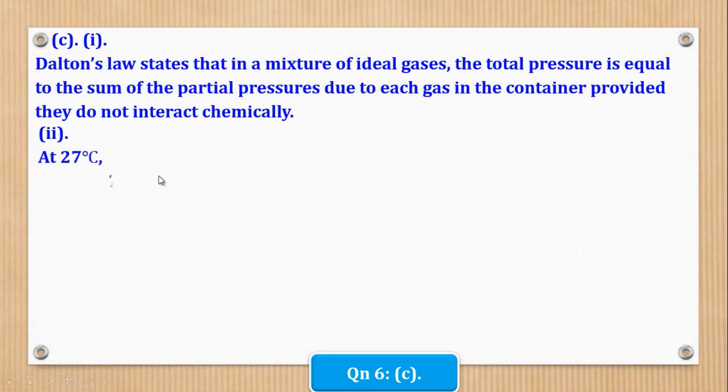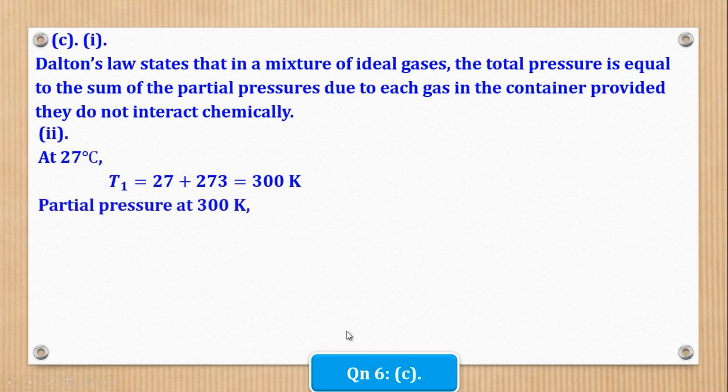First of all, at 27 degrees Celsius, we have to convert the degrees Celsius to Kelvin. So 27 plus 273 gives us 300 Kelvin. Next we shall get the partial pressure at 300 Kelvin.